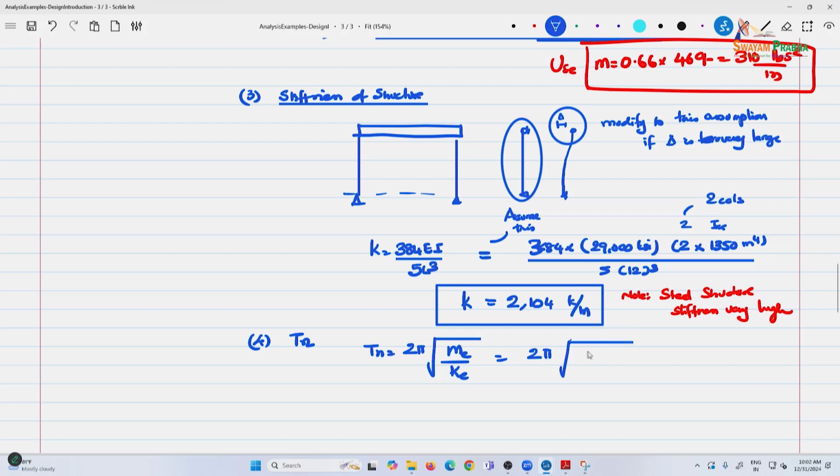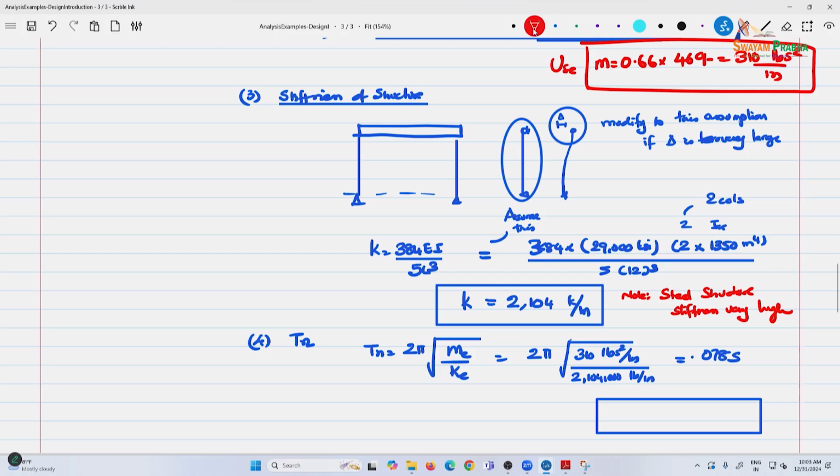So m was 310 and here 2104, so comes to 0.078 seconds. The natural time period, again the dominant load was the dead load. Yesterday I don't know if we had this much of a high load, but it still comes to something similar, 28 milliseconds, 78 milliseconds.